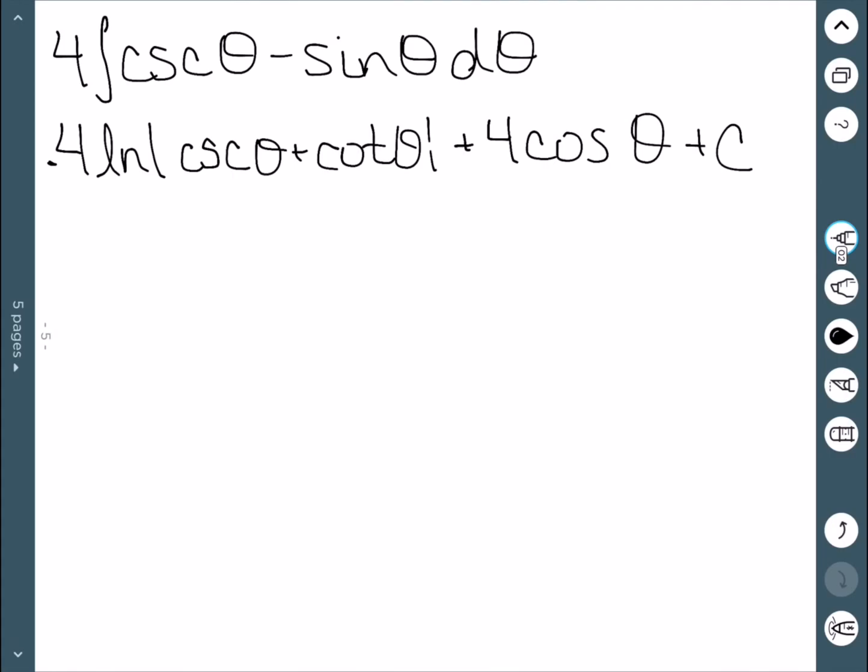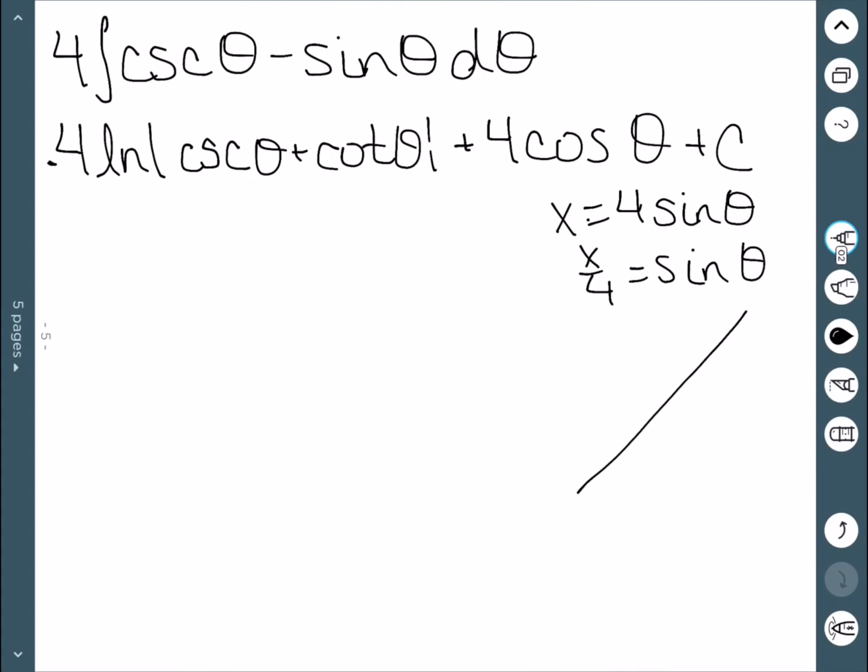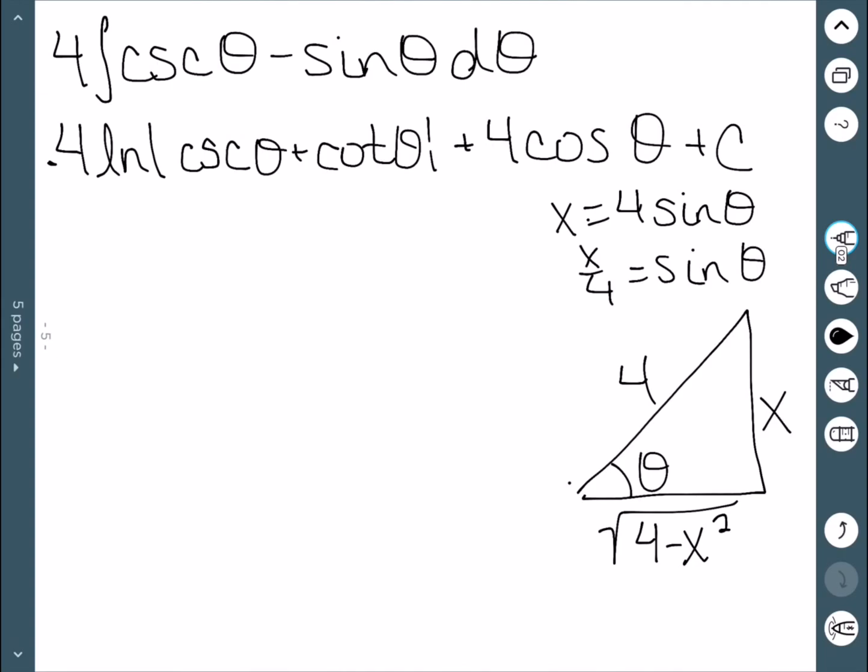We now have to think of our triangle, and remembering that we let x be equal to 4 sine theta. So x over 4 is equal to sine theta. If I have my triangle, sine is opposite over hypotenuse. And then the last side will come from our Pythagorean theorem.